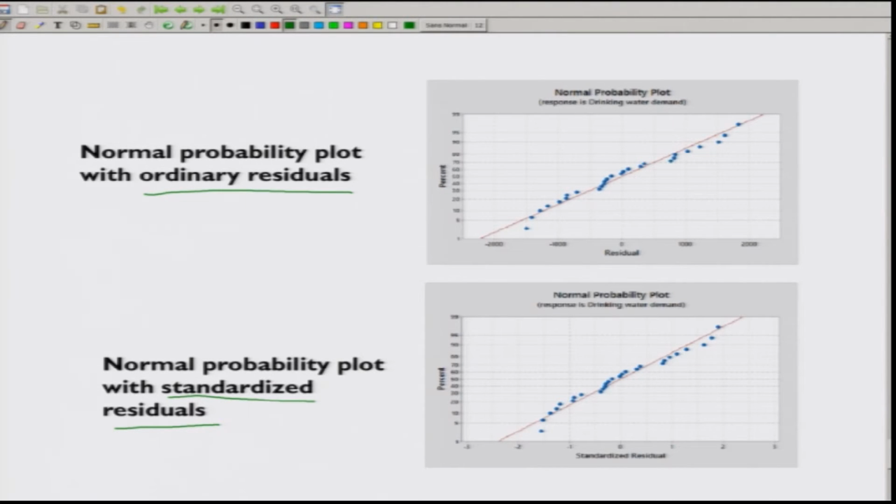And this phenomenon is happening in both the cases, whether we are using the ordinary residual or the standardized residual. So this gives us an assurance that the assumption we have made is correct, that our observations are originating from a normal distribution.